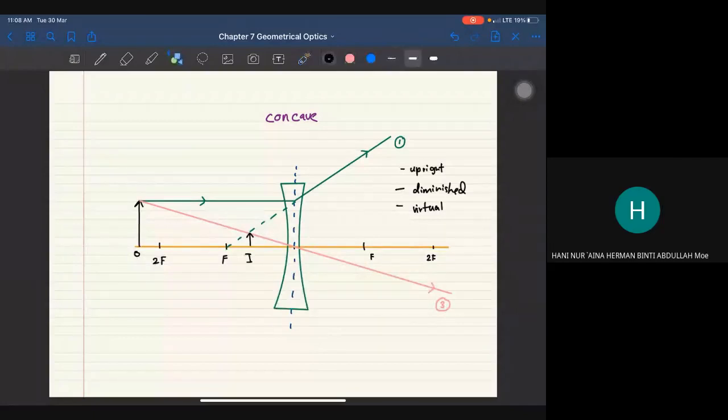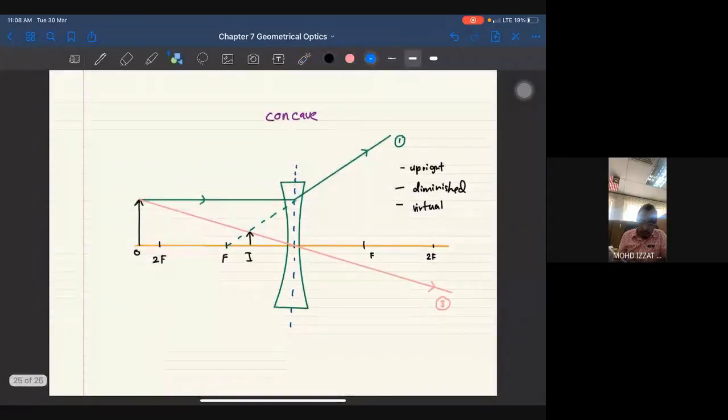F. Yes, dia pergi ke F, tapi dia bukan pergi ke sini. If you draw it like that, then it doesn't make sense because basically it interacts with the same F. So it is actually going to the another F. Betul. Lepas dia lalu lens, dia pergi mana?